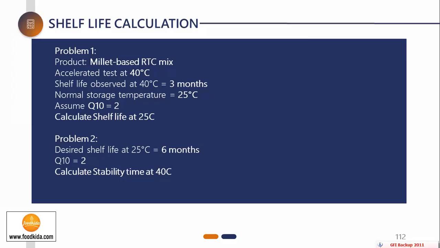You will not find it written somewhere that if I complete 1 month of successful 45-degree or 40-degree shelf life, it will give me 4 months of 25-degree shelf life. It has to be calculated because product conditions will vary. Your packaging conditions will vary. Suppose you go for cheap packaging, then your shelf life will go down, right? Yes.